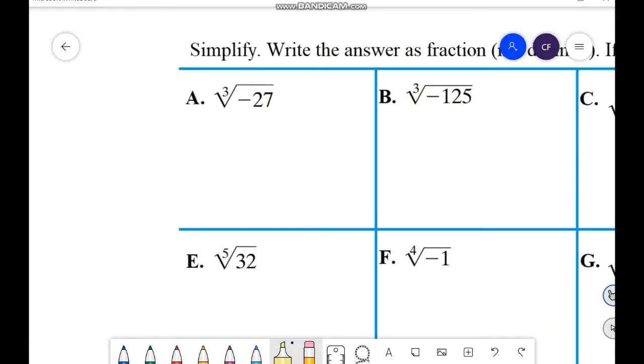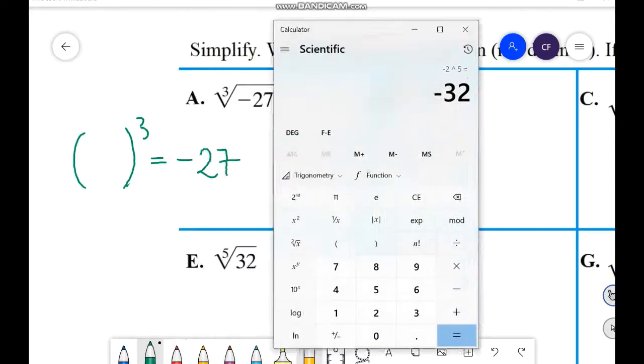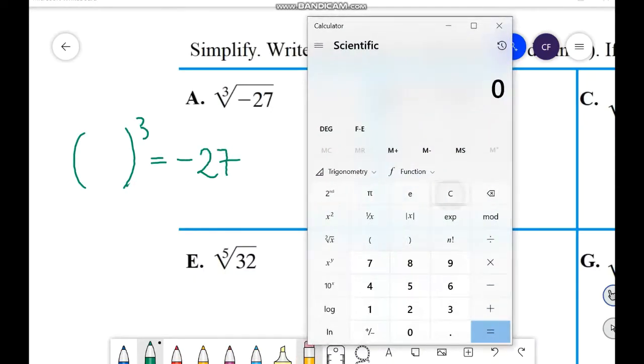Cube root of negative 27. We have to find a number that, if you apply the exponent 3, equals negative 27, right? This is how we're going to solve this kind of question. What kind of number are you going to have here? You can use a calculator and try a few numbers.